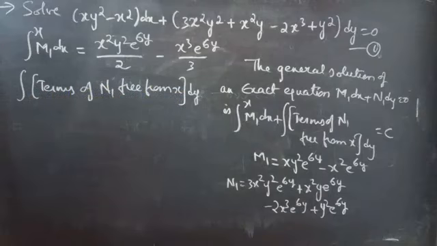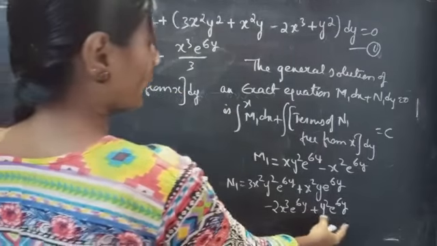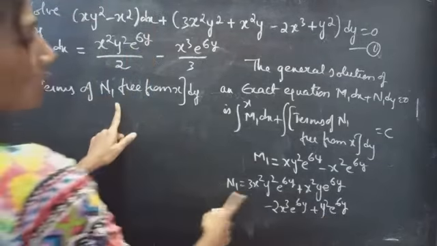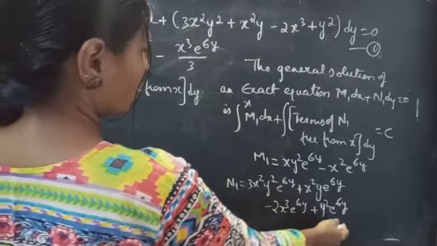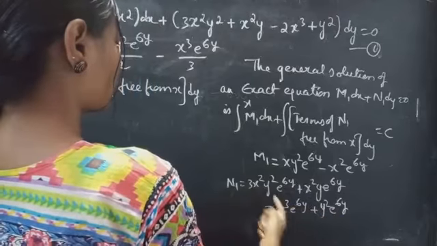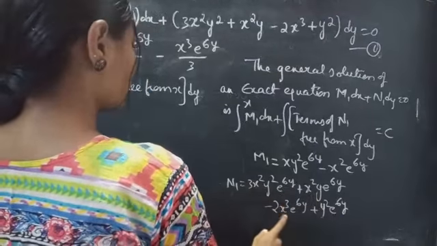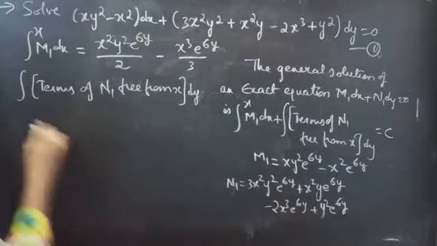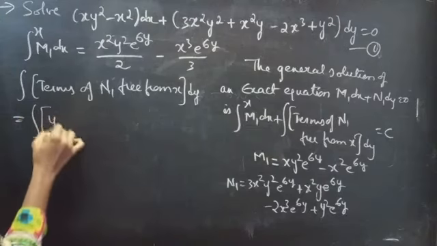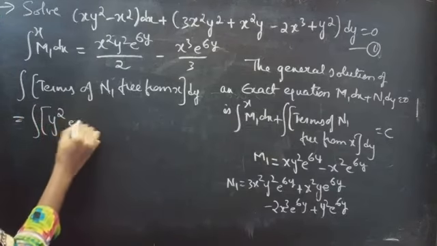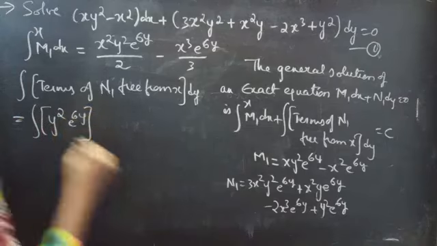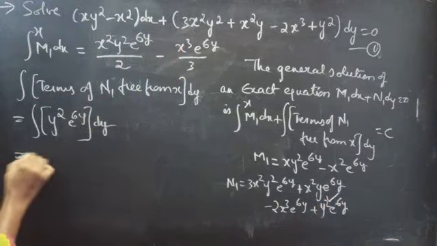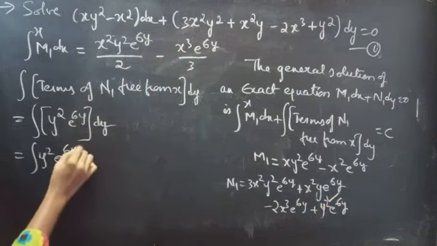All these three terms involve x, and only one term is free from x, so we'll take it here. The term of N1 free from x is y square into e power 6y, into dy, which is equal to integral y square e power 6y dy.